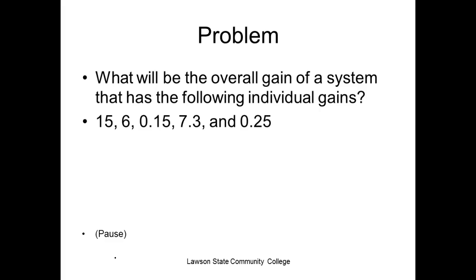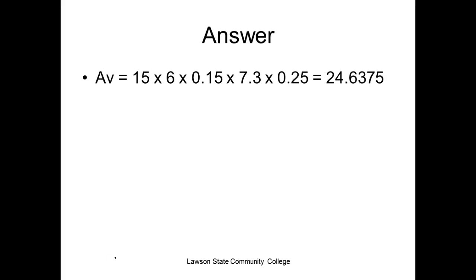I see 90 on the first one. 15 times 6. Oh, I'm sorry. We got a bunch of fractions. What do we got? 24.6357. So the more devices we go through trying to calculate the gain of the system, the more complicated it becomes.